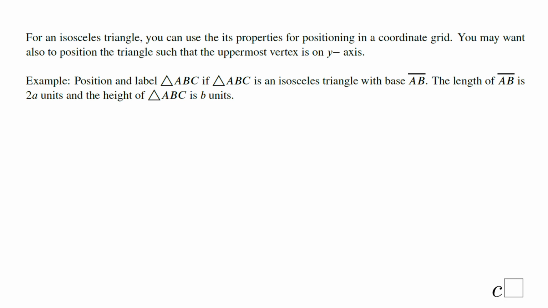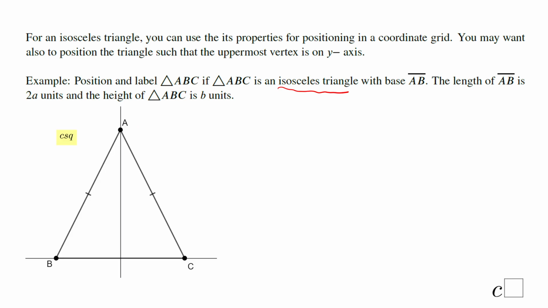Triangle ABC is an isosceles triangle, very important, with the base AB, the length of AB is 2A units, I'm sorry, and the height is B units. So you may want to do something like this. This is the x-axis, this is the y-axis.